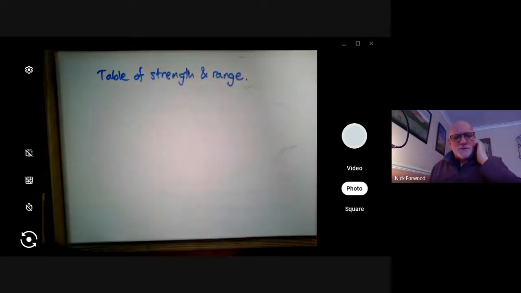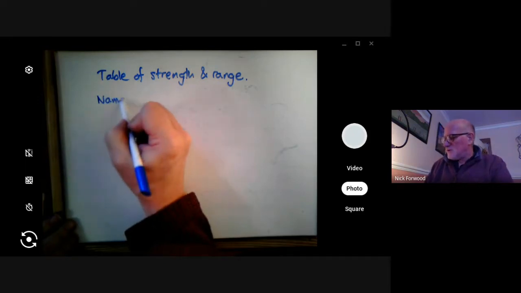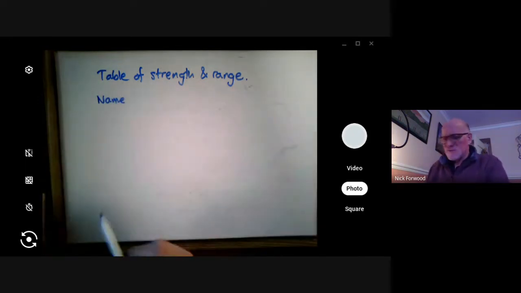Okay, so I'm going to start with the name of the force. This is in my table. I should be drawing some lines, but I'll probably draw the lines afterwards to make up my table.